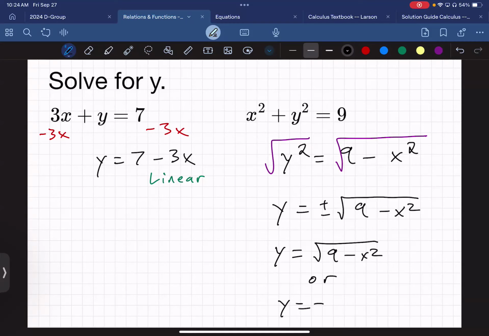Now, let's make sure we see what this means though. All right. If I plug in x equal to 0 into this relation we're seeing, it's still a relation, right? x squared plus y squared equal to 9 is a relation. If I let x equal 0, that's gone, right?